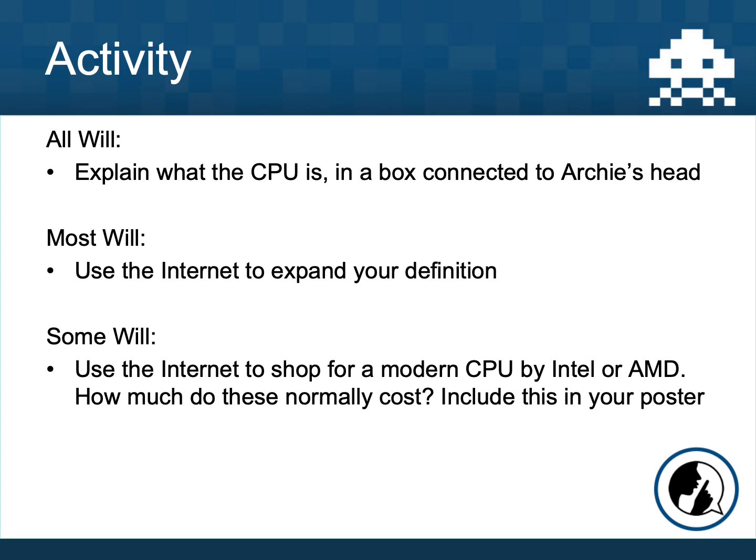If you finish, there's a little extension task at the bottom that might ask you to do a little bit of shopping around, how much does a CPU cost. So pause the video at this point, give yourself about 10 minutes and see if you can label Archie's head, your character's head, in as much detail as you can, all about what the CPU is.